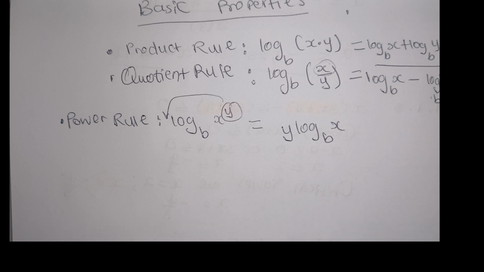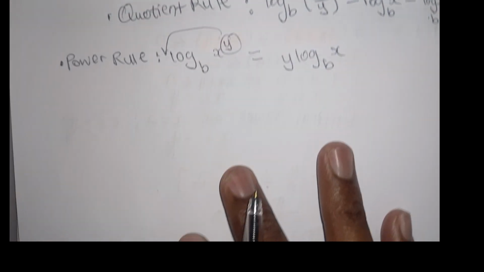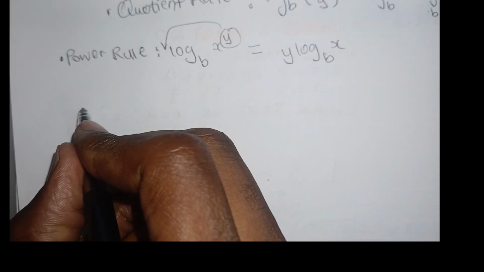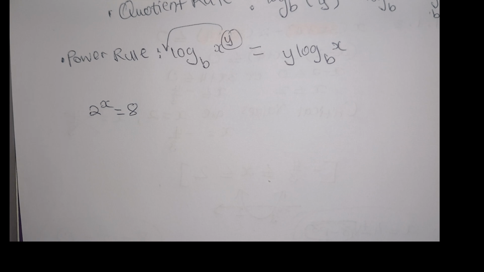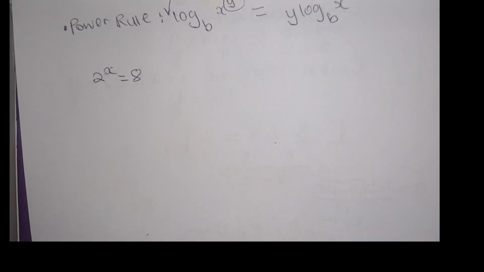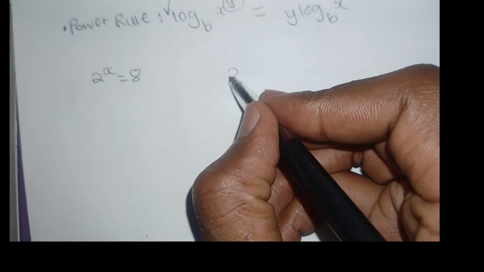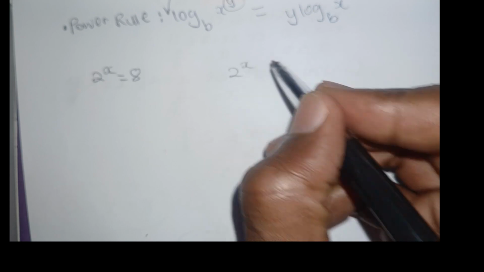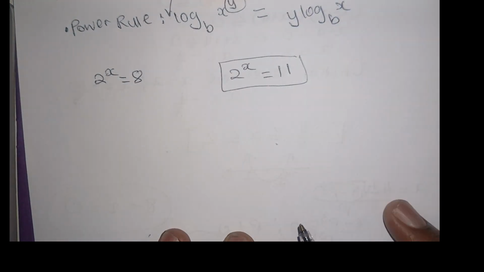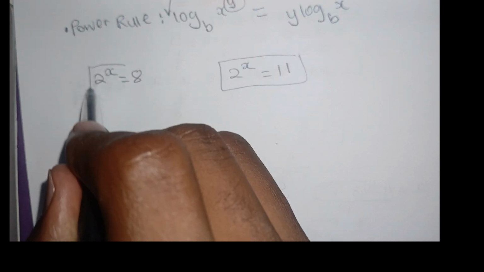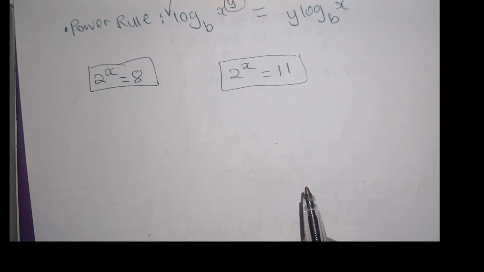Now, this is an example, right? And then more importantly, we can also bring an example like this. So to this one, by force, you have to use logarithm. And then to this one, you can decide to use logarithm, or you decide to use a proper or normal way to solve for x.